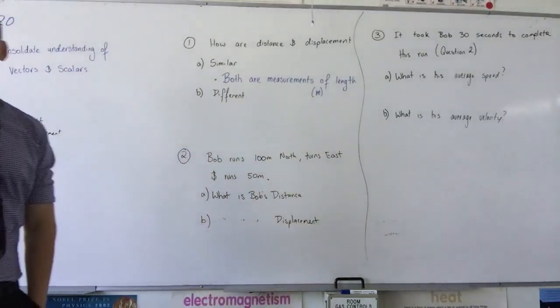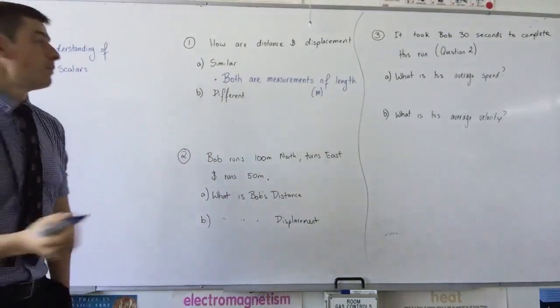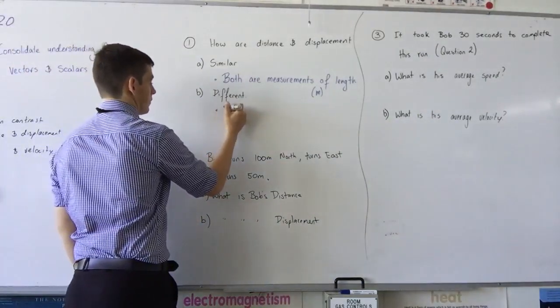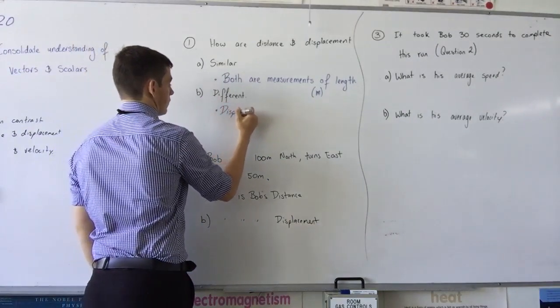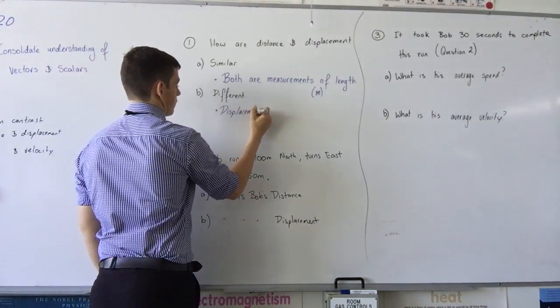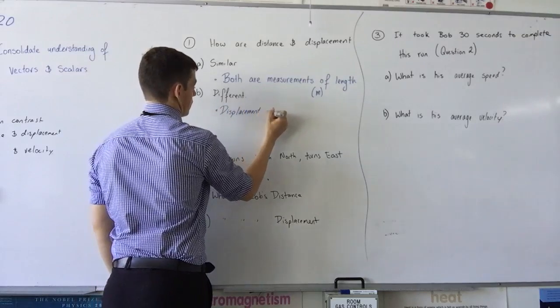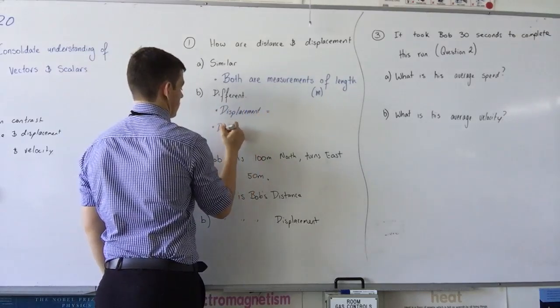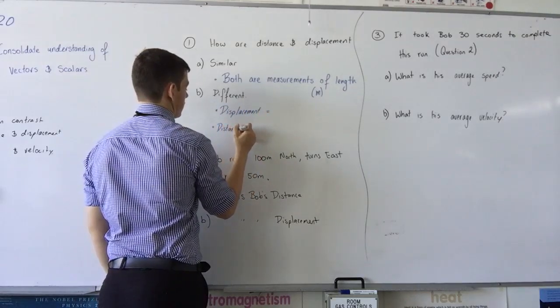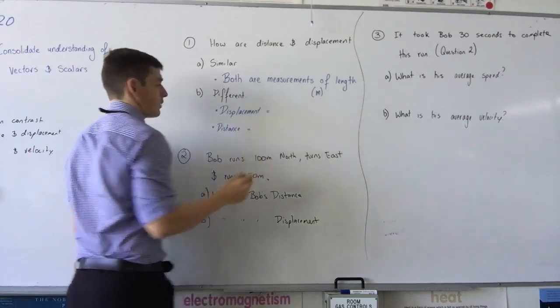How are they different? I said displacement is the distance from a point, and the direction is from that point in a straight line to the other. Let's clarify that. So displacement is what?